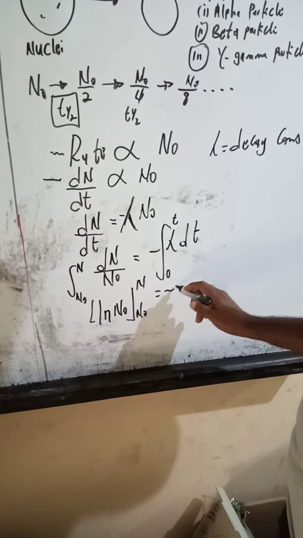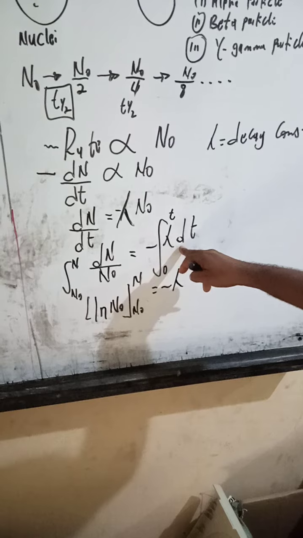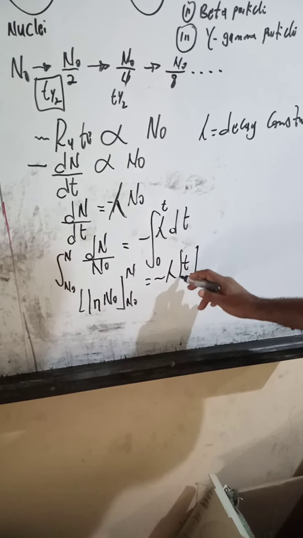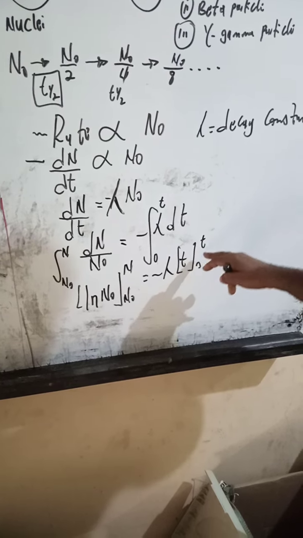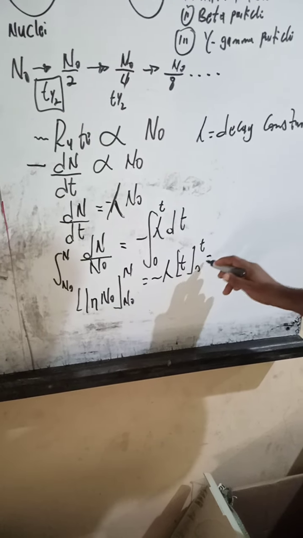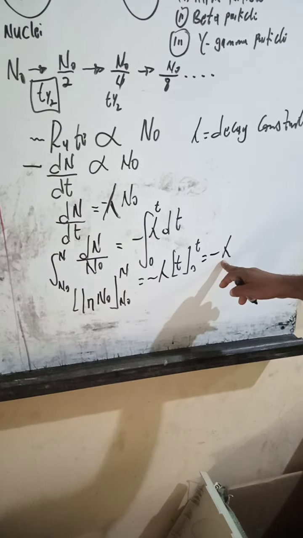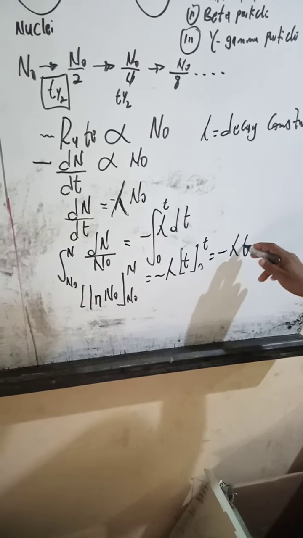We leave it as it is. Then when we integrate this side, it will give us t, from the limit 0 to t. So if you substitute this limit here, we are going to have minus radioactive decay constant times t.